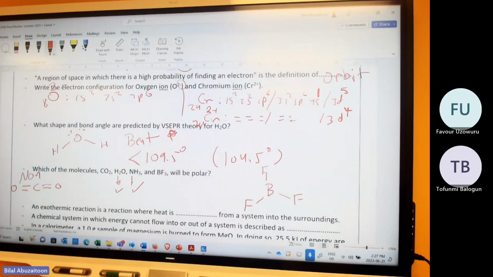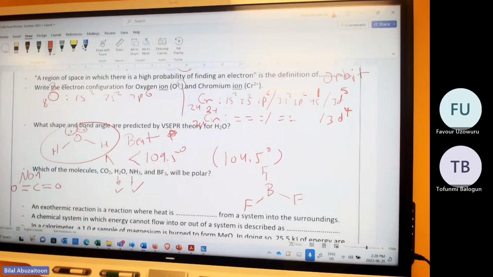BF3 is trigonal planar, a symmetrical shape with all outer atoms identical, non-polar. CO2, symmetrical shape with two identical outer atoms, non-polar, since there are no lone pairs on the central atom. Now H2O: when you see lone pairs on the central atom, it's polar.